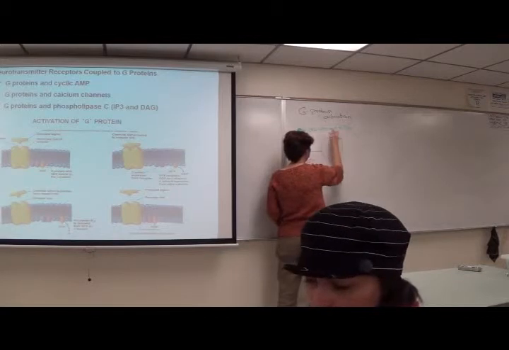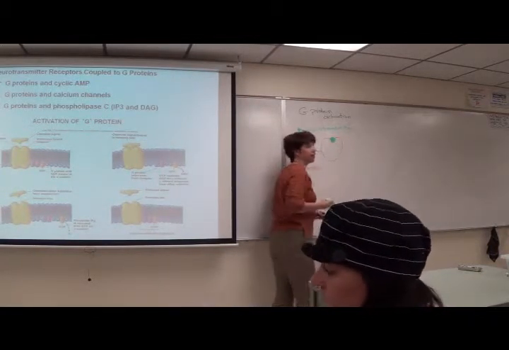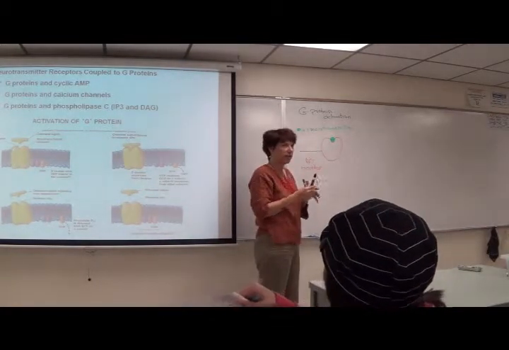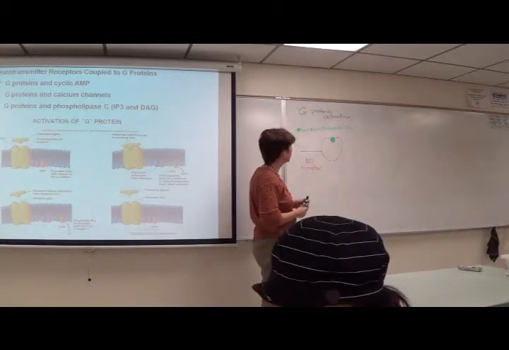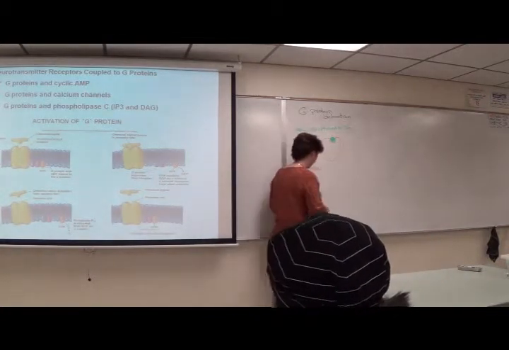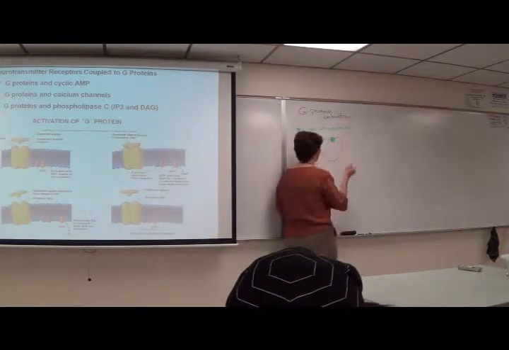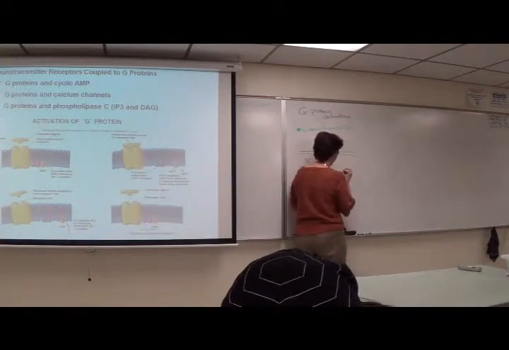When it does so, the receptor changes shape as a result of the changing interactions, bonds that are formed between the neurotransmitter and the receptor. And attached to the receptor within the postsynaptic neuron is our G protein.